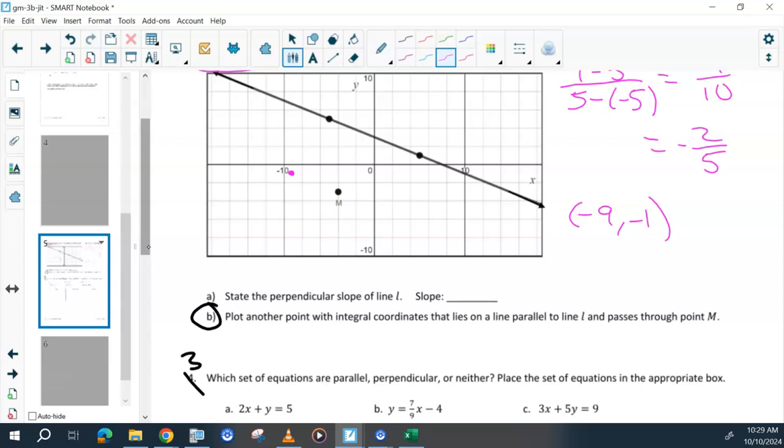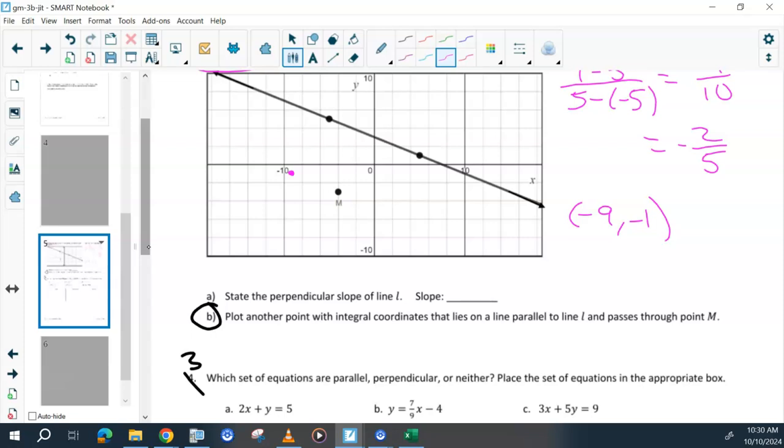Yes, but because these are counting by 2s, I can't just say this is 1 and this is 2, and then over 1, 2, 3, 4, 5, because that would be a different point, but it wouldn't be the exact slope. That would be me going up 4 and over 10, because the scale is weird.